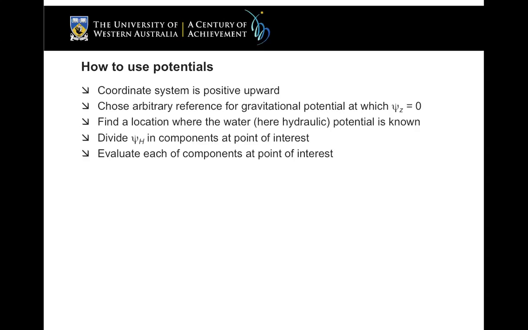Then we find a location where the water potential is known, and I'll give you some examples which illustrate that. Then we discretize our space, divide up our space, and work out the total hydraulic potential at various points of interest. Calculating the differences between different places will tell us where the water is flowing.